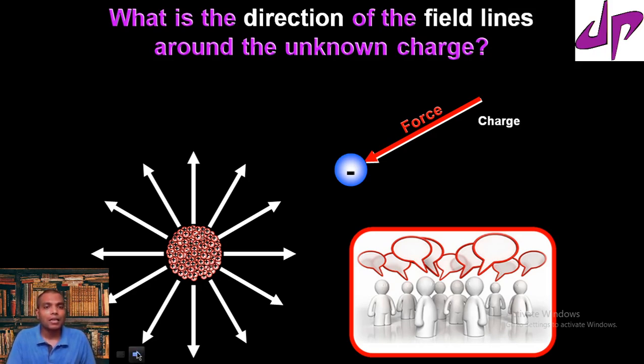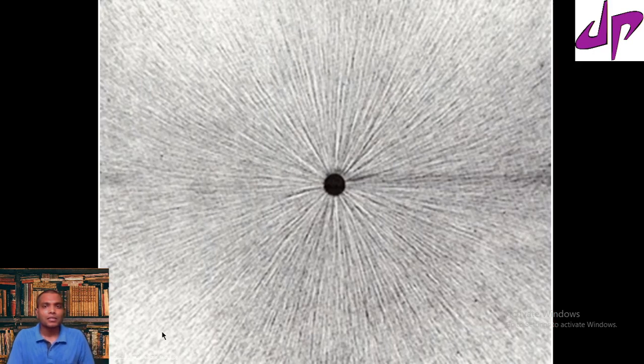Let us take another case. This is the exact visual representation, or practical diagram. Here is a small bunch of lines. All these are electric field lines. How did they draw them? We do an experiment with the help of iron filings.